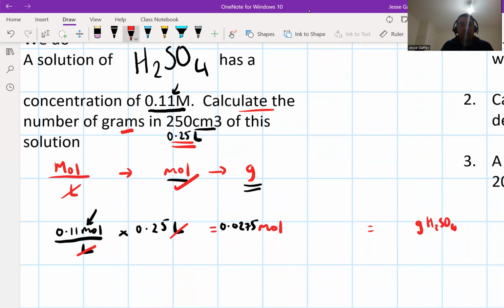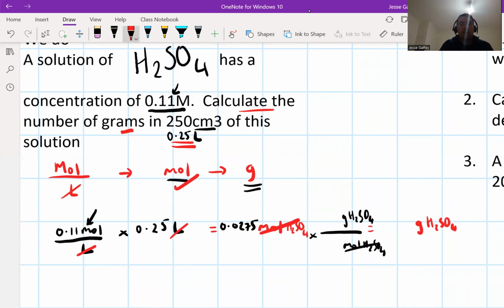At the moment, I've got moles of H2SO4. So pausing the video, I need to cancel my moles of H2SO4. I want to set up my conversion with moles of H2SO4 here and cancel them out with that one, and then I've got grams of H2SO4 here.